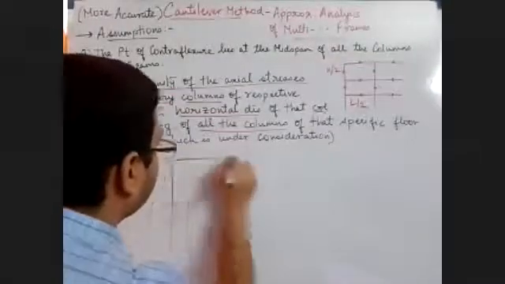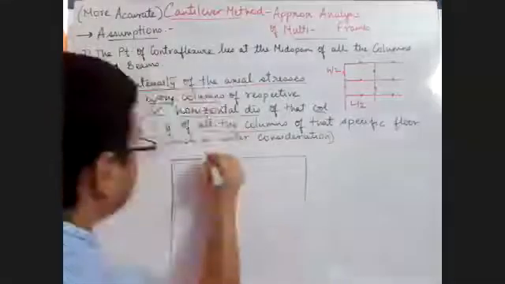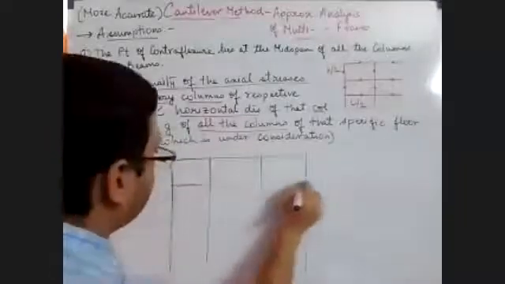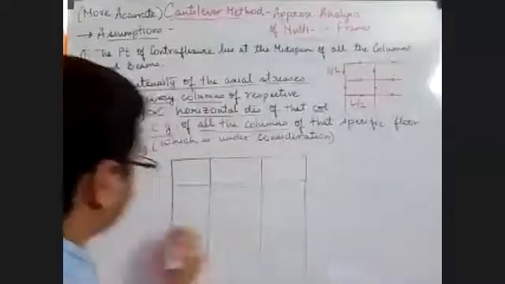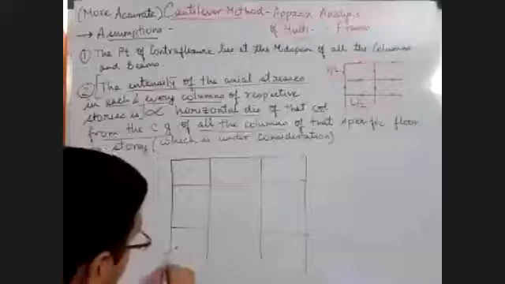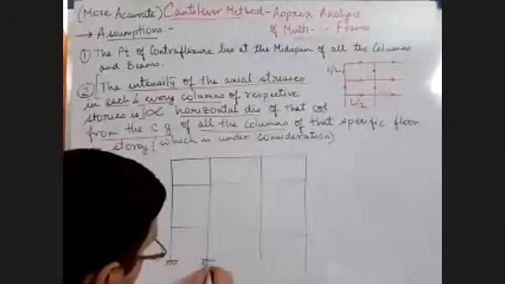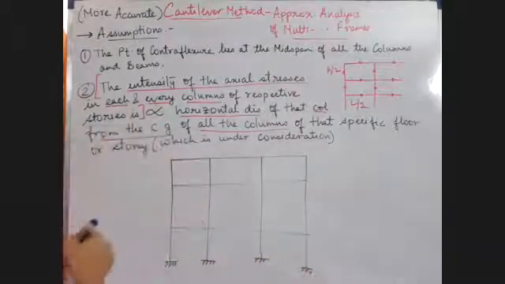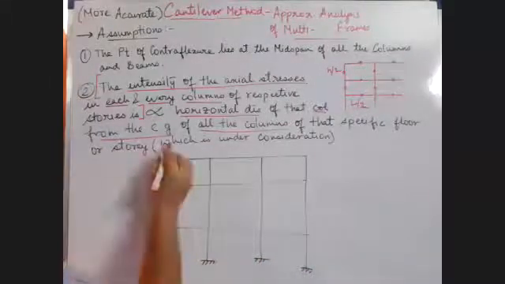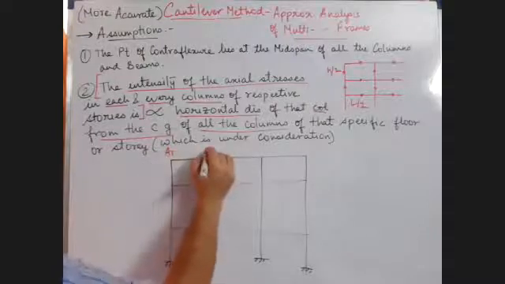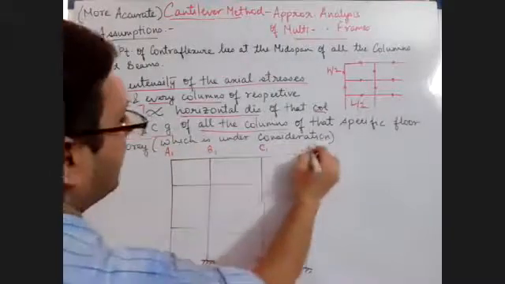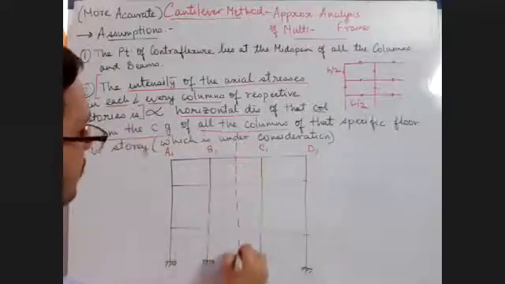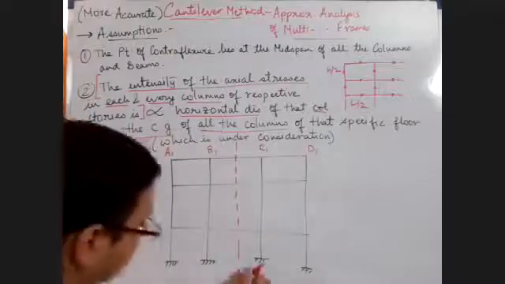I have a 3x3 frame like this, and let us take the columns as A1, B1, C1 and D1. The red line is the CG of all the columns.